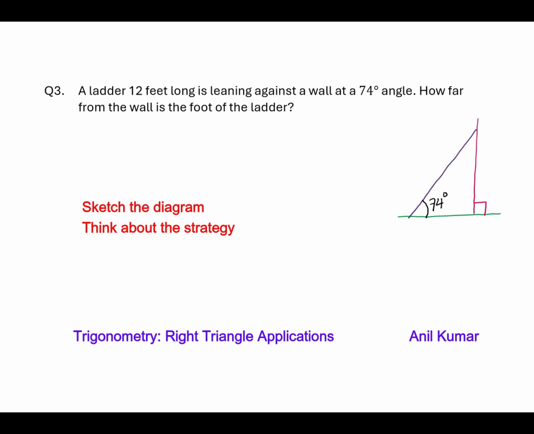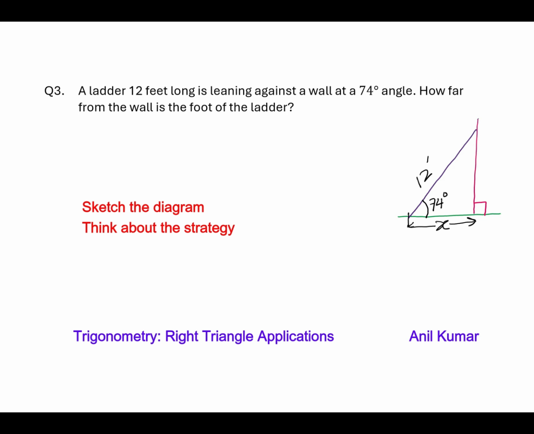A ladder 12 feet long means that this length is 12 feet. Length of the ladder is against a wall at 74 angle. How far from the wall is the foot of the ladder? Means we have to find this distance, x.